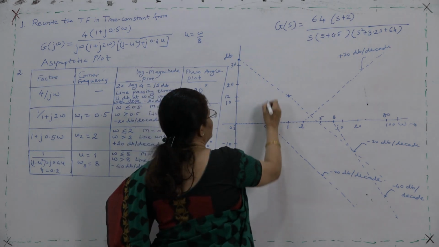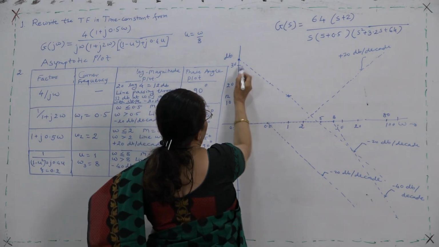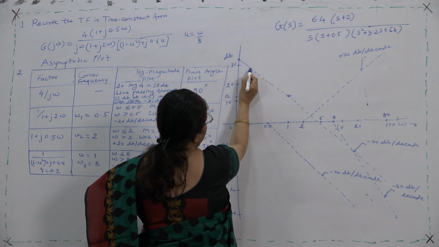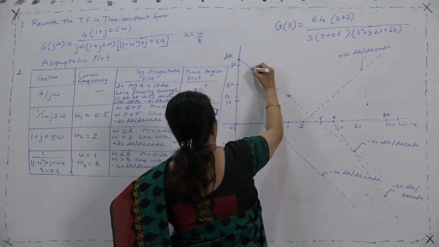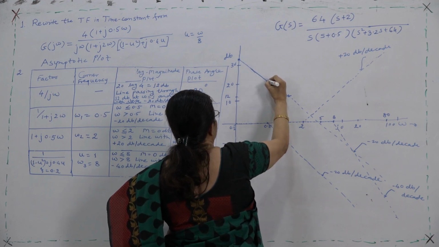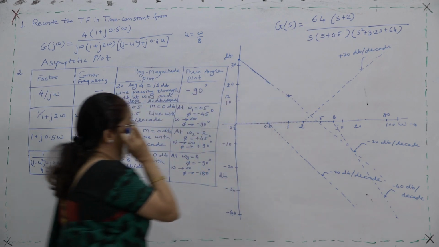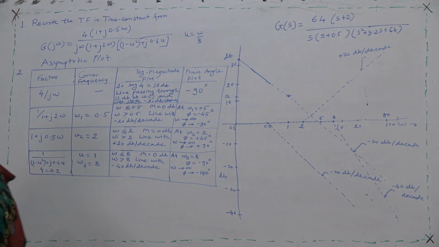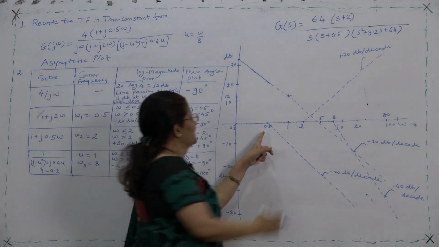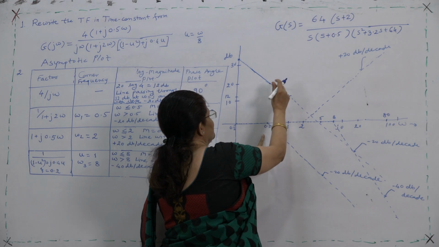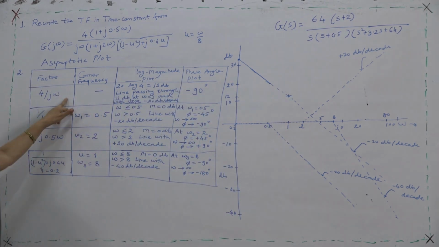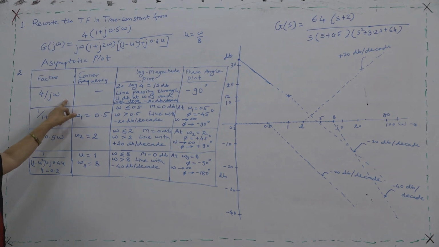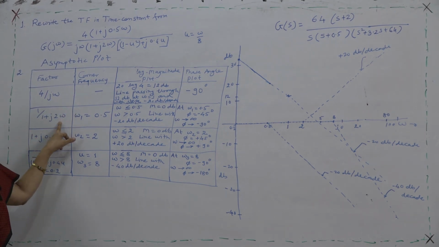So, till 0.5 the contribution is because of this only. So, combining we will get this one. After 0.5 the contribution is because of this plus this, that is because of this factor 4 upon j omega as well as because of 1 upon 1 plus j 2 omega.